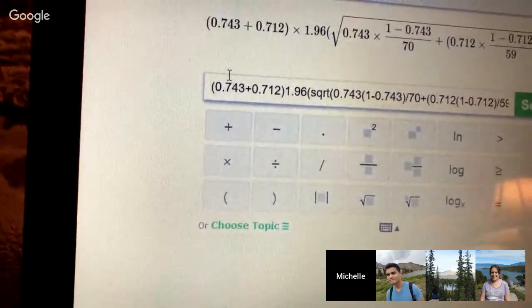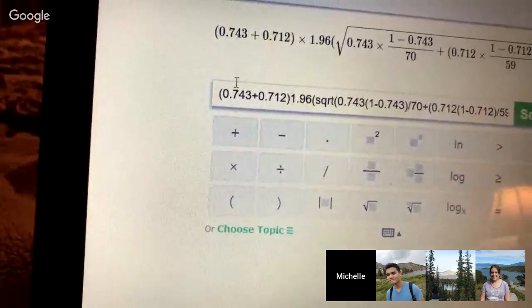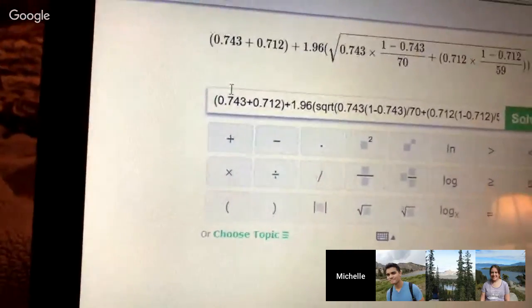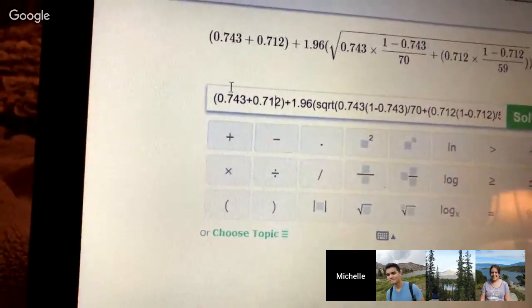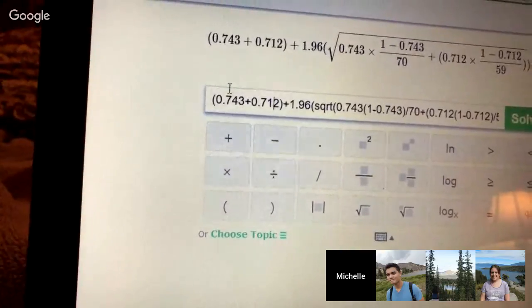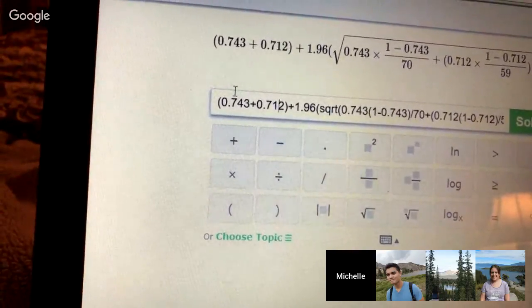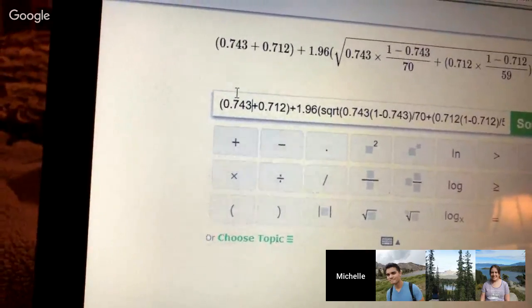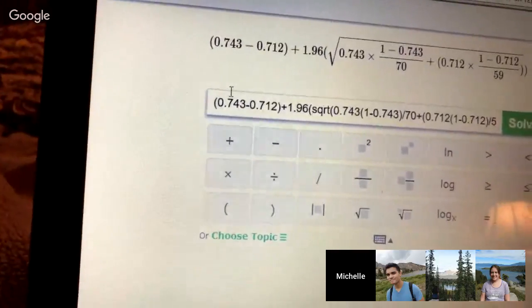Is that right? Because then in the other it's minus, is it a minus and then a plus here? No, it's a minus for the lower bound, and now I need the plus for the upper bound. So it's going to be the 0.743 minus the 0.712. Plus. Yeah. And then plus the 1. Yep.